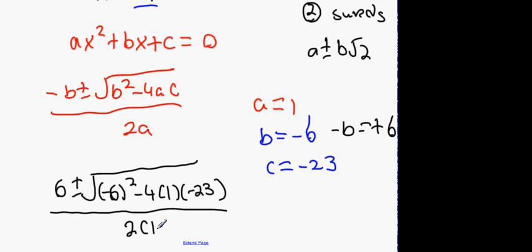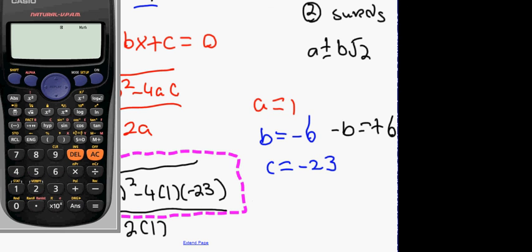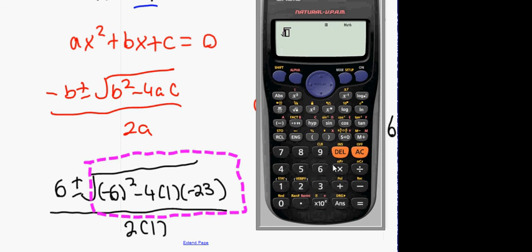Now what I'll always tell you guys to do is just do this part first. Okay? Everything in it goes into the calculator. So you're just going to have the square root sign of minus 6 squared minus 4 times 1 bracket minus 23.